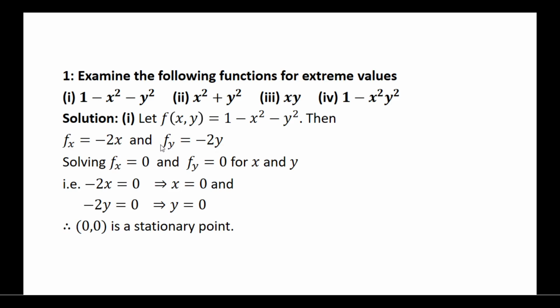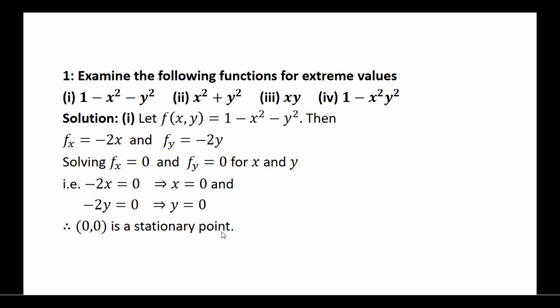Now equate these two to 0. That means minus 2x equal to 0, which implies x equal to 0, and minus 2y equal to 0, which implies y is also equal to 0. Therefore, the stationary point is 0 comma 0.